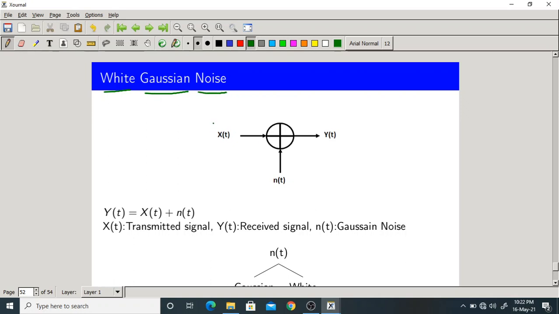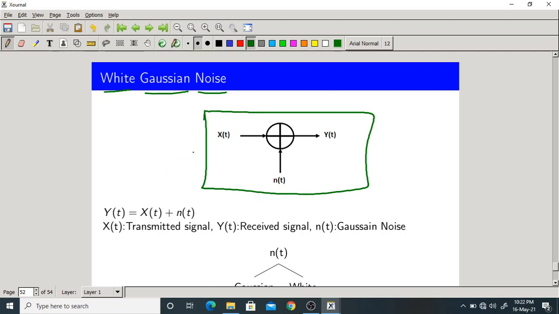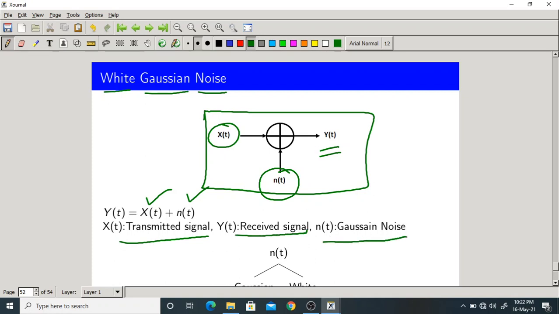Noise. Now this is very, very important. This is nothing but a communication system. What will happen is, when you transmit x of t through a channel, noise will be added to the original signal and the output will be the sum of two things: your signal plus noise signal. Now x of t is called the transmitted signal, y of t is called the received signal, n of t is called Gaussian noise.